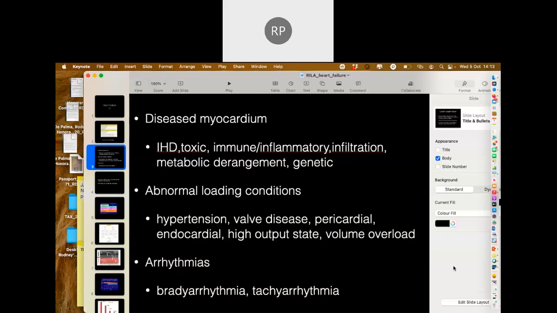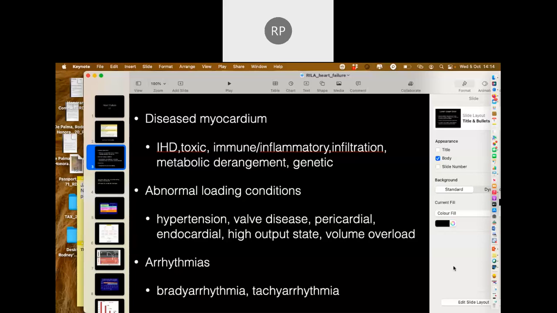But other causes of diseased myocardium include toxic causes, for example, certain poisons, and that includes certain chemotherapeutic agents for cancer, immunological causes, myocarditis, infiltrative causes such as amyloidosis or sarcoidosis, genetic causes which lead to idiopathic dilated cardiomyopathy or arrhythmogenic right ventricular cardiomyopathy or hypertrophic cardiomyopathy, and then more rarely metabolic derangements related to a single genotype errors.